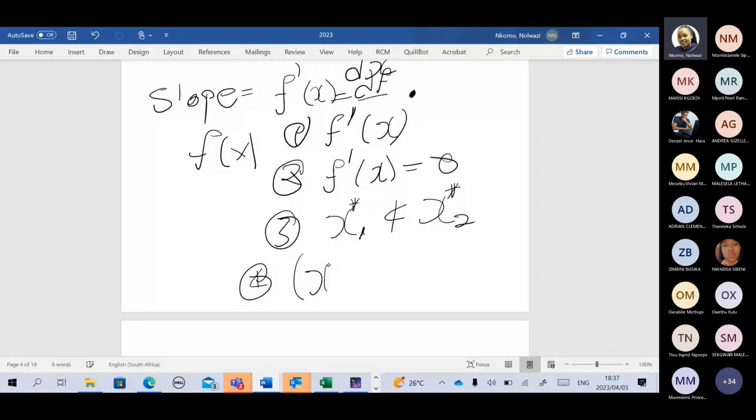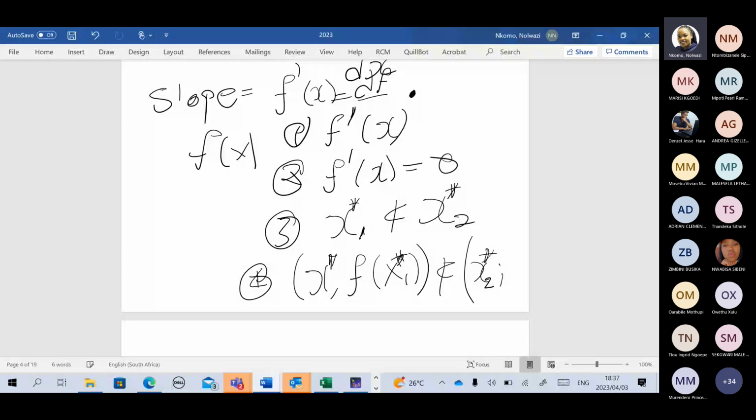And then you substitute the second one, x star 2, back into f, and you'll find f of x star 2, right?